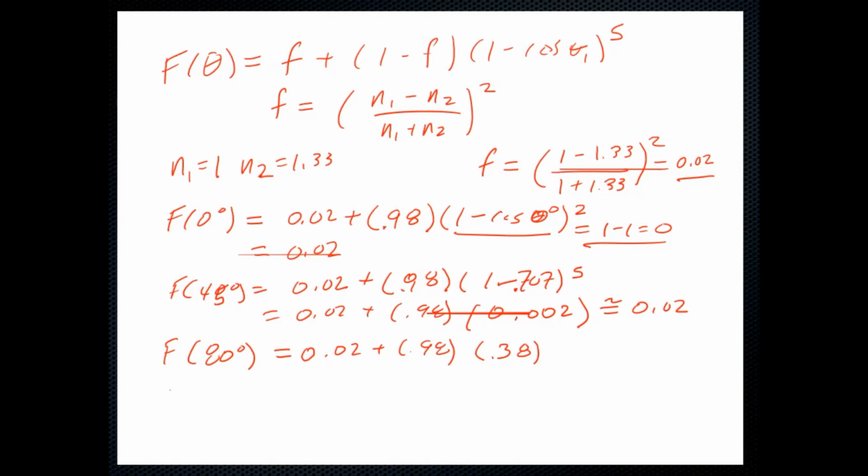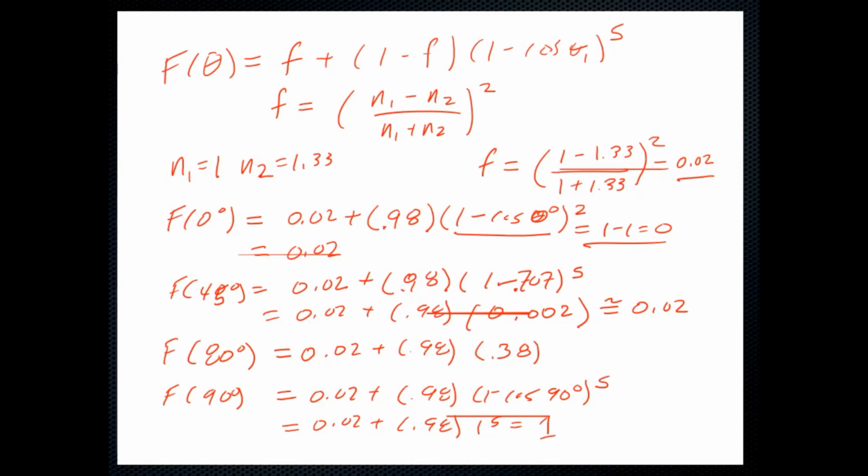And if we did F of 90 degrees, it'd be 0.02 plus 0.98 times 1 minus cosine of 90 degrees to the 5th power, but cosine of 90 degrees is 0, so this ends up being 0.02 plus 0.98 times 1 to the 5th power, which is equal to 1. And so at 90 degrees, everything reflects. You can see that the curve kind of starts out slow and goes up to 1 at the end.